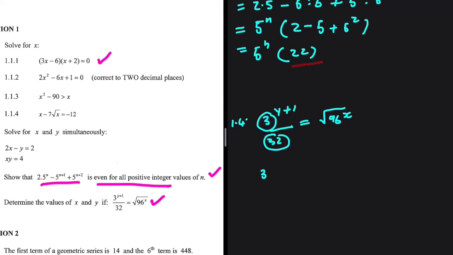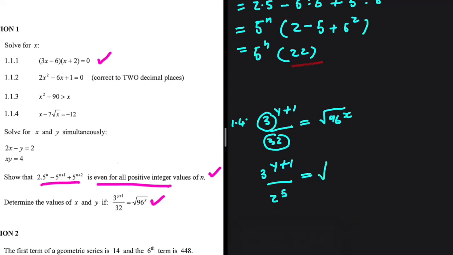We will have 3 to the power y plus 1 divided by 2 to the power of 5 being equal to the square root of 96 to the power x. Can we write 96 with a base of 3 or with a base of 2? Well, we can do that at the same time. Why do I say so?